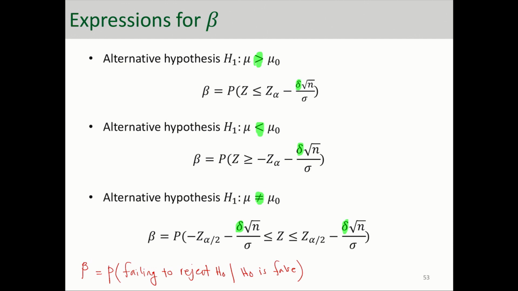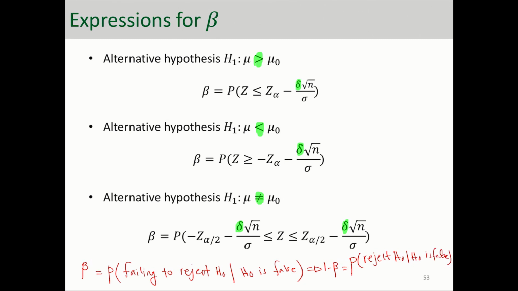But what is 1 minus beta? Because beta is a probability, it is between 0 and 1. But what is 1 minus beta? It is a complement of this probability right here. A complement of this probability will be probability of rejecting H naught when H naught is false.